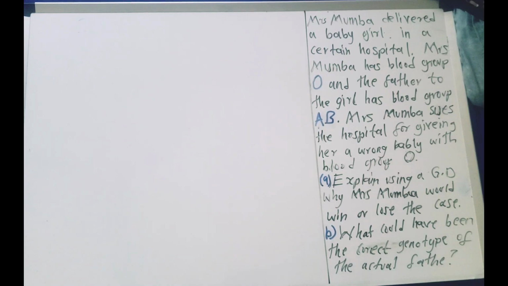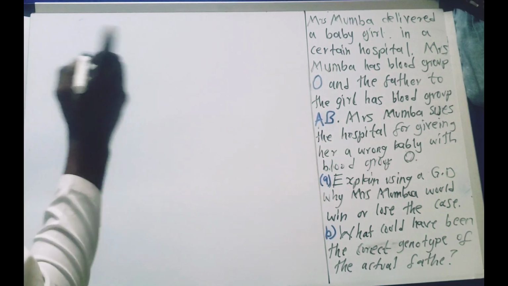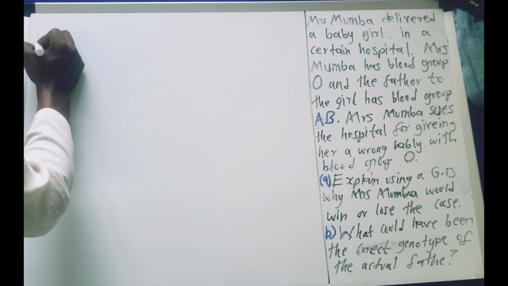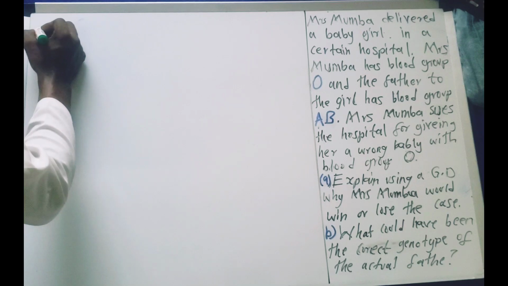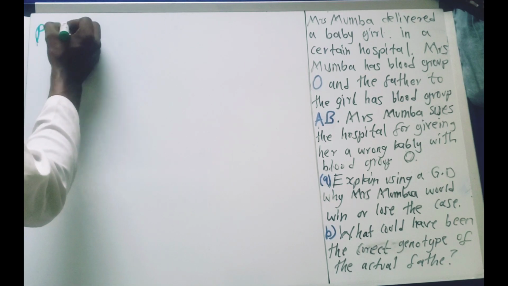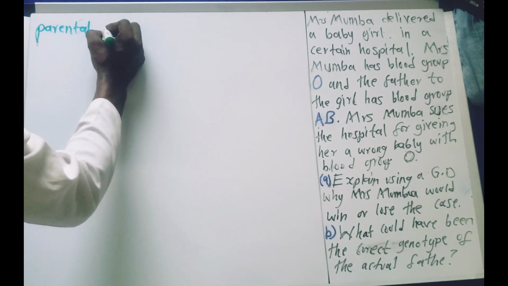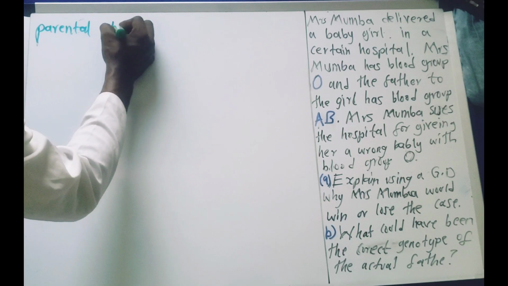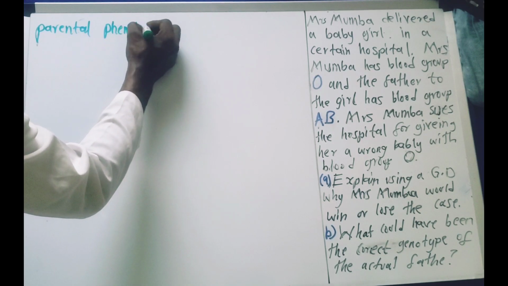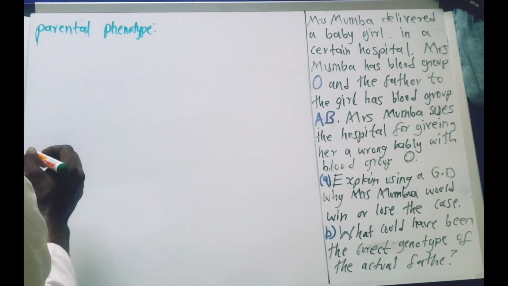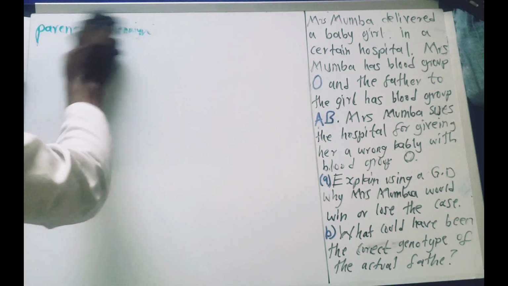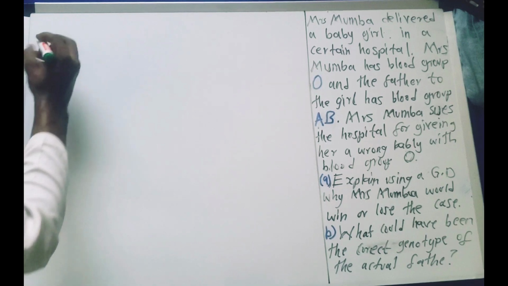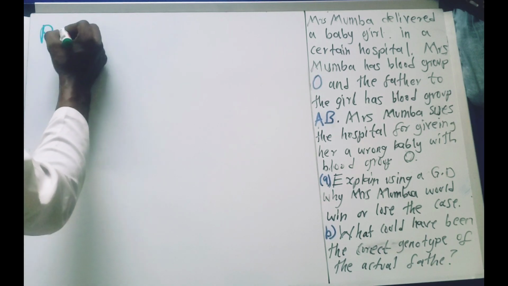In a genetic diagram, the first step, every time, is to have the parental phenotype. So I'll write P phenotype.